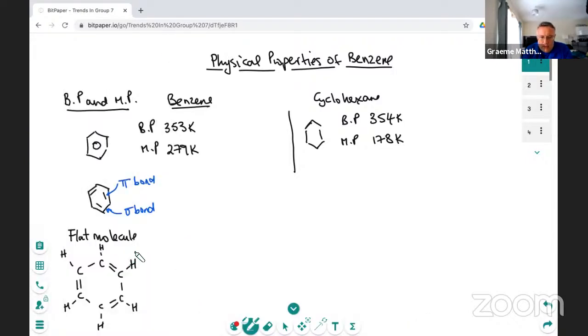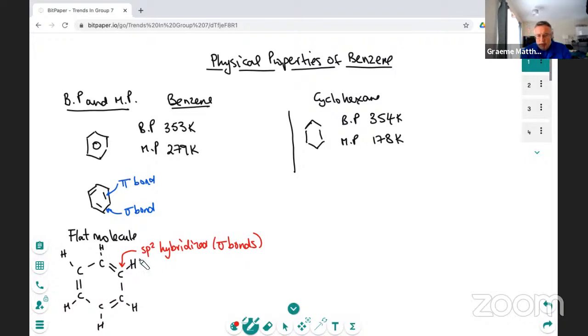This carbon is sp2 hybridized, because remember, sp2 hybridization is only based on sigma bonds. The pi bonds are not part of the hybridization, as we talked about last week. The pi bonds are coming from the unhybridized p orbital.